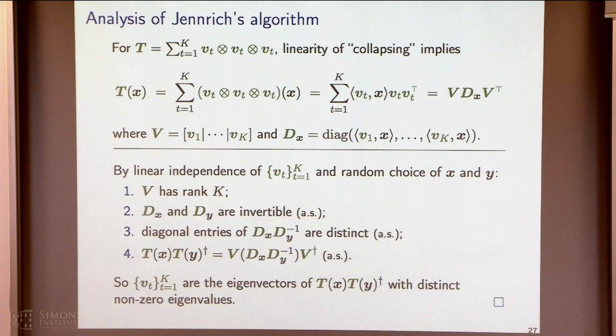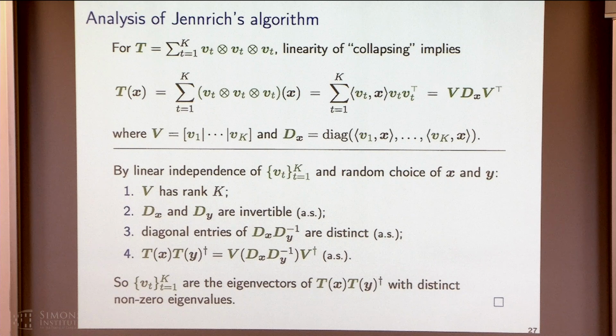So can we think about it as if we're doing random projections of the tensor? Yeah, it's basically sort of random. If you think of the tensor as a cube, you're sort of randomly combining the different slices of it. So this is why Jennrich's algorithm just computes the eigenvectors of that particular matrix that correspond to non-zero eigenvalues, because those things will be up to scaling just the vectors v1 through vk.